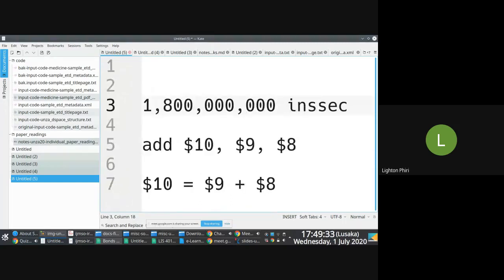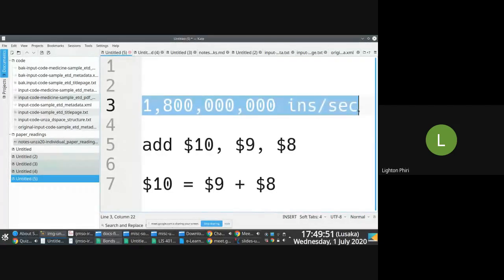If you're saying you can execute 1.8 billion instructions in a given second, even if these instructions are executed one at a time, because the oscillation is so fast, the computer gives you the illusion as though some things are being executed simultaneously. So yes, the answer is yes. When you're moving the mouse here, behind the scenes, the operating system knows that, oh, Lighton at this point in time is interacting with the computer system in different ways, right?